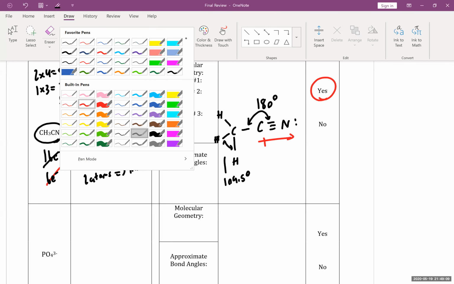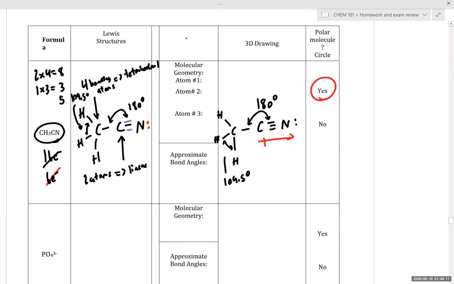What does polar mean again? Polar means that when you add up all of the bond dipoles in the molecule, there is a net dipole, a net uneven distribution of electron density in your molecule. So essentially, if you have polar bonds that are not symmetrically arranged, then you will have a polar molecule.